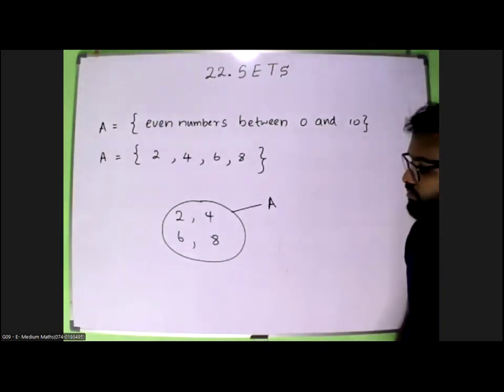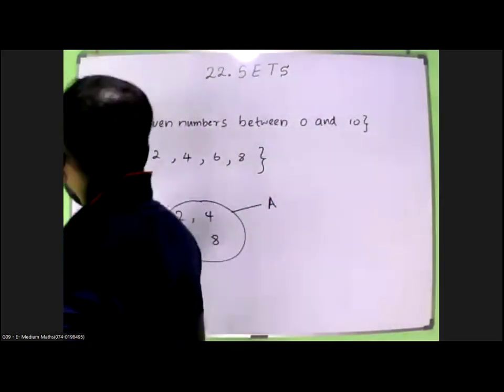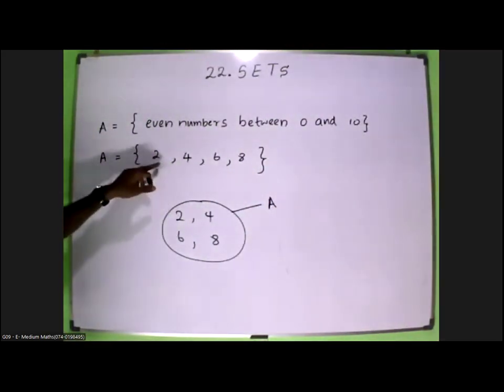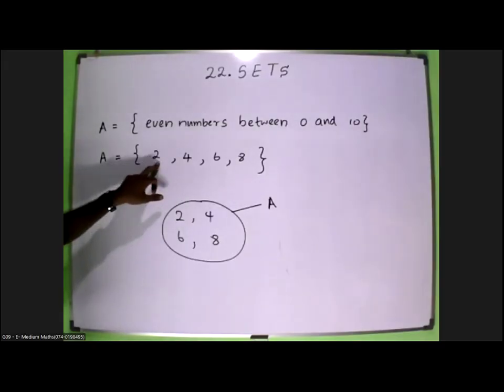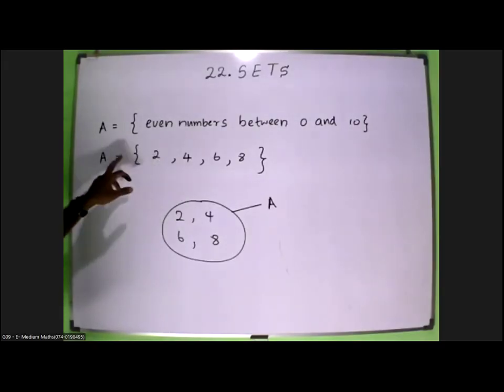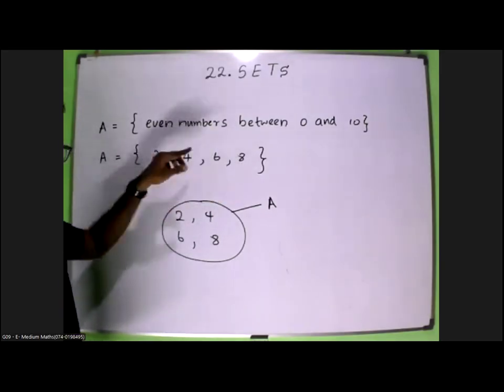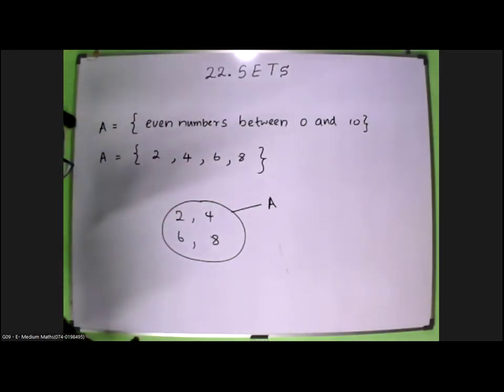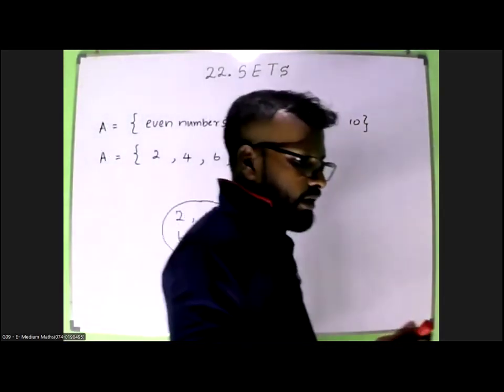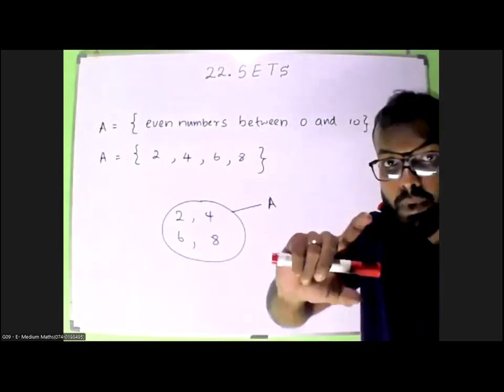So now, 2 is an element of A. 4 is an element of A. 6 is an element of A. 8 is an element of A. How do you write it in a mathematical form?